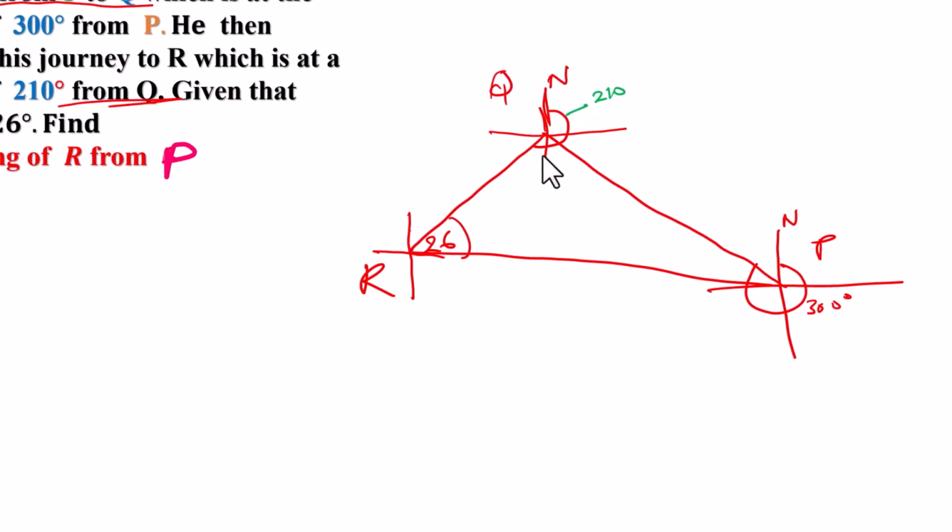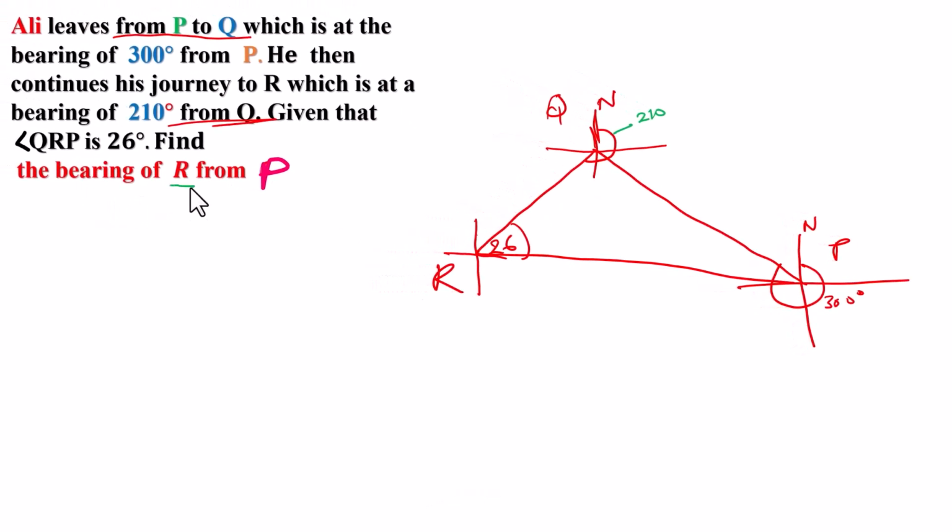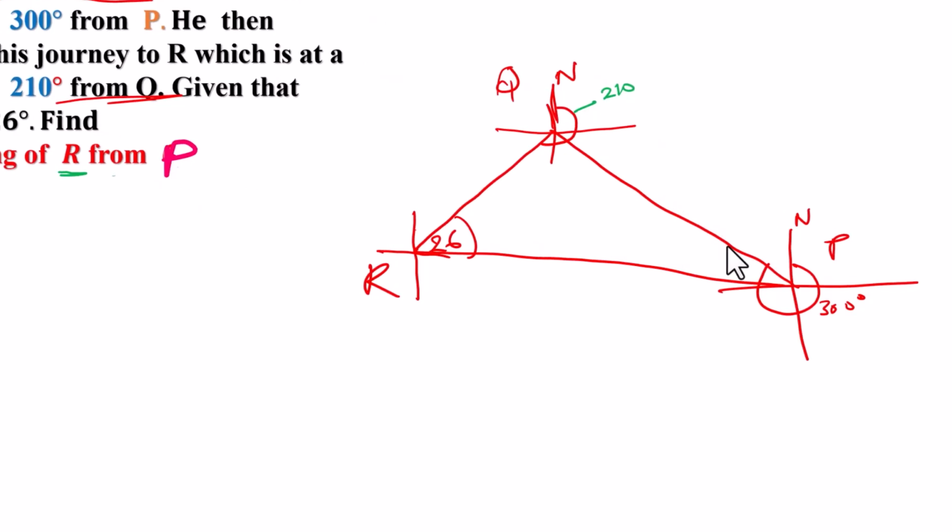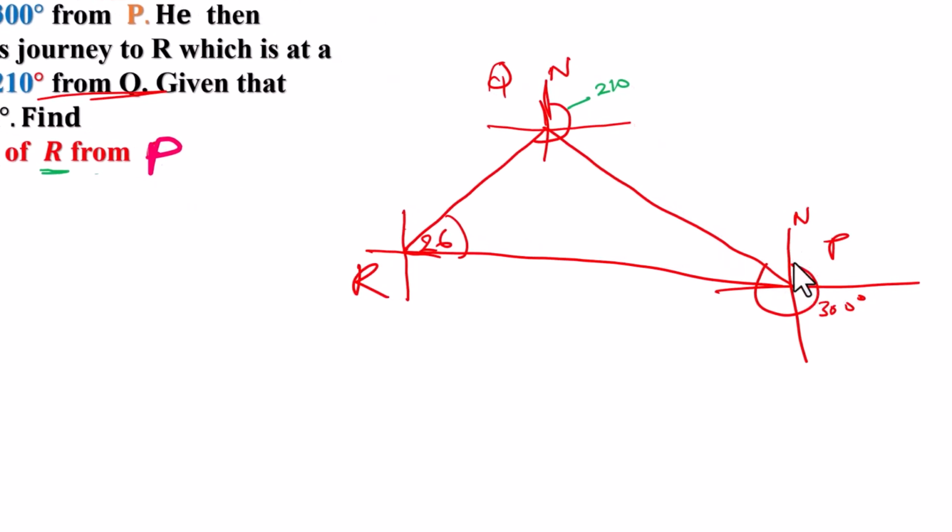Now the question says find the bearing of R from P. So we start from the north, since P is the starting point, and measure this angle to R. That's the answer. We need this side and this side, and when we add and subtract from 360, the result will be the answer.